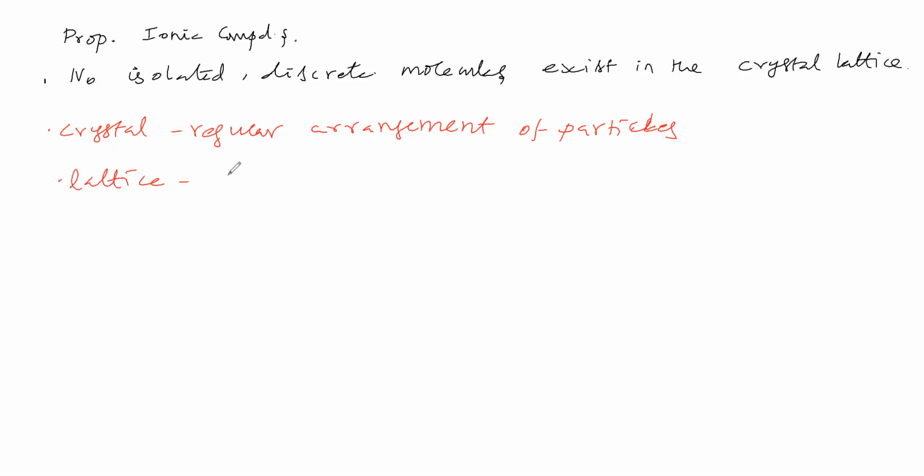Lattice gives a three-dimensional arrangement of constituent particles. So crystal lattice means a three-dimensional regular arrangement of constituent particles. That is called a crystal lattice.